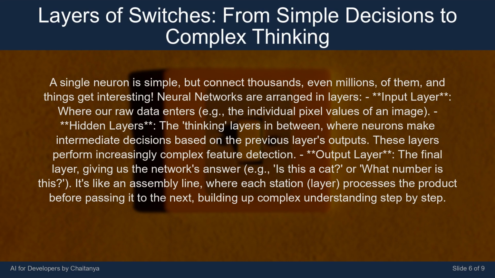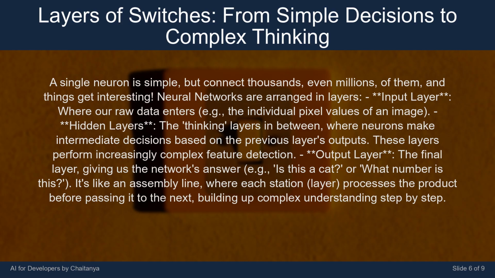A single neuron is simple, but connect thousands, even millions, of them, and things get interesting. Neural networks are arranged in layers. Input layer, where our raw data enters, e.g., the individual pixel values of an image. Hidden layers, the thinking layers in between, where neurons make intermediate decisions based on the previous layer's outputs.